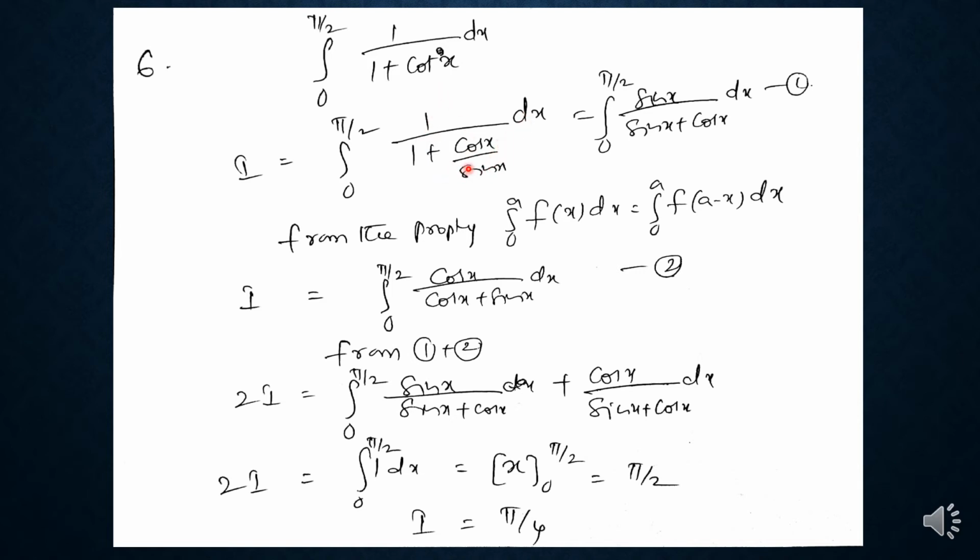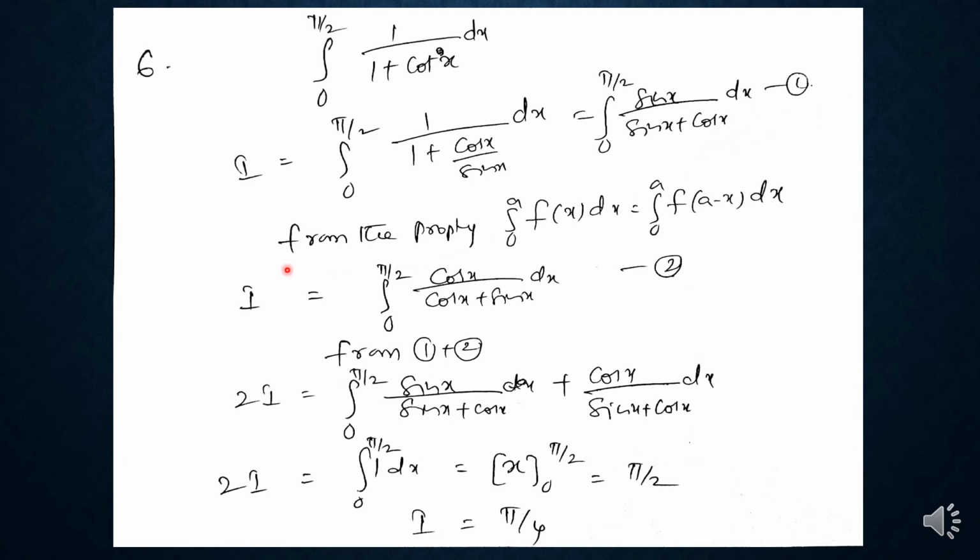Now here the LCM is sin x, then this becomes 1 by sin x plus cos x by sin x. That can be written as integral 0 to pi by 2 sin x by sin x plus cos x dx. So let us take this as the first function. This is looking like the previous problem, sin x by sin x plus cos x dx.